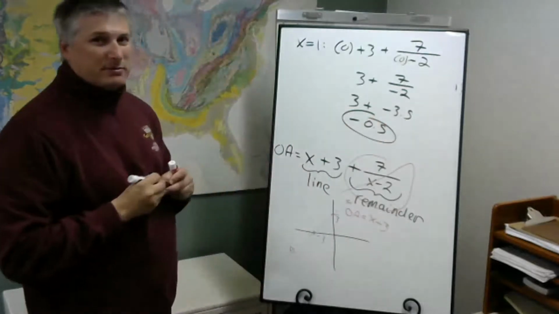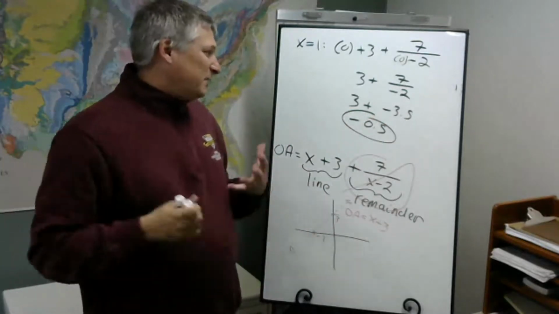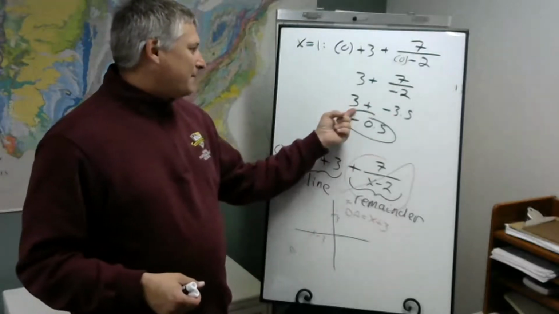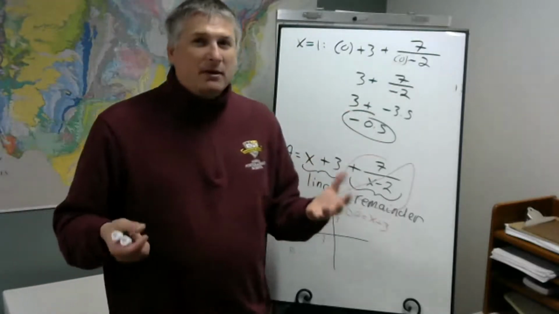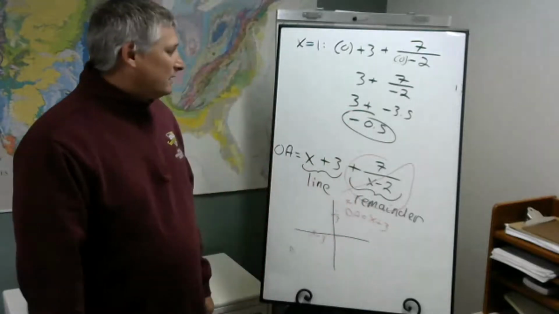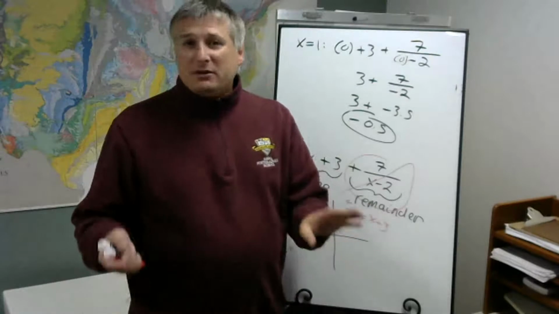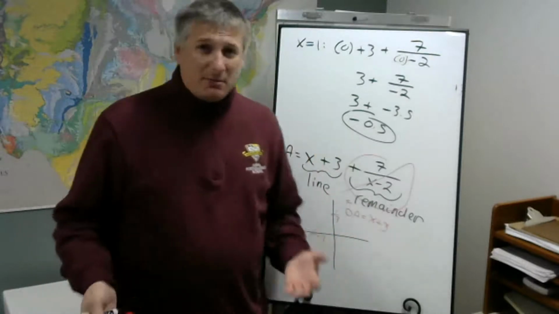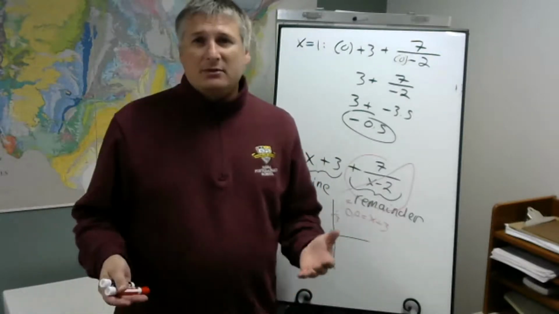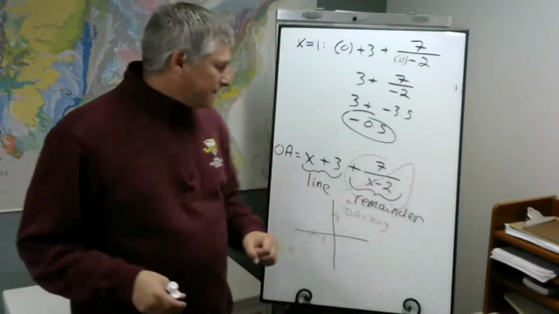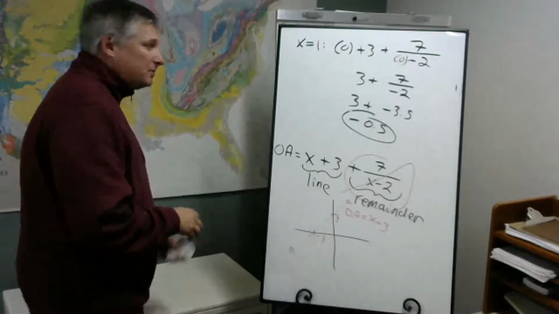So that remainder term is really affecting the line part. In fact, here it wiped out the 3 and still had some negative number to go. So it doesn't seem like you can ignore this remainder. Well, we ignore it for this reason. Its end behavior is what the horizontal asymptote and the oblique asymptote describe for us. And that's why we use them.